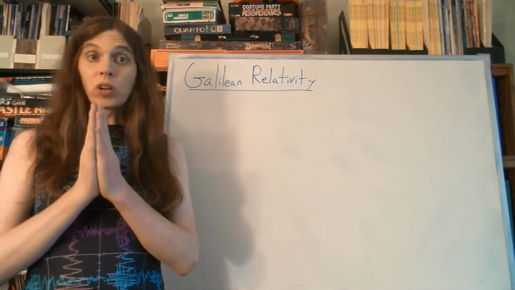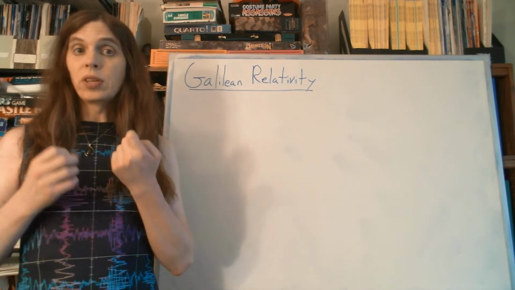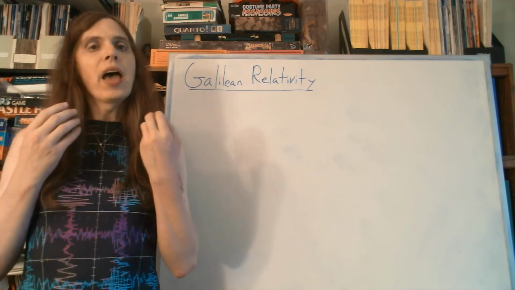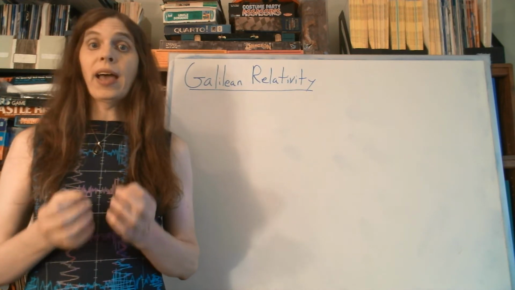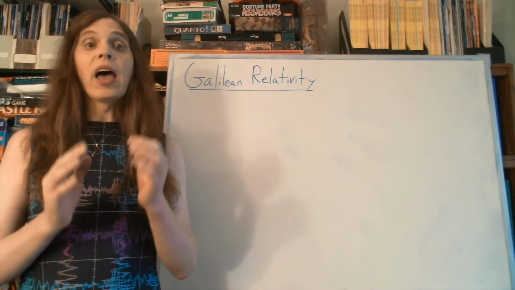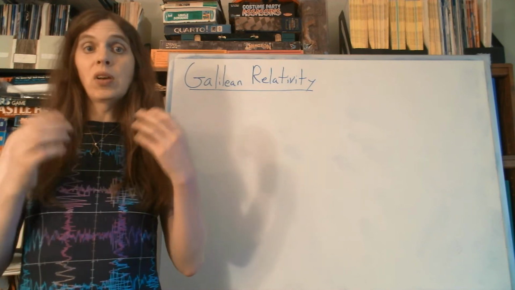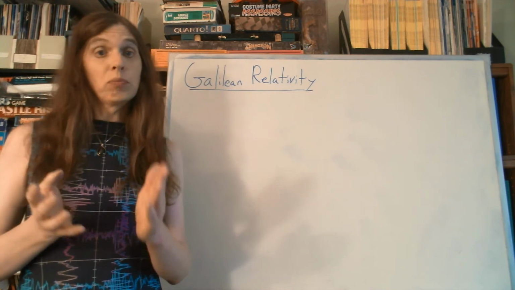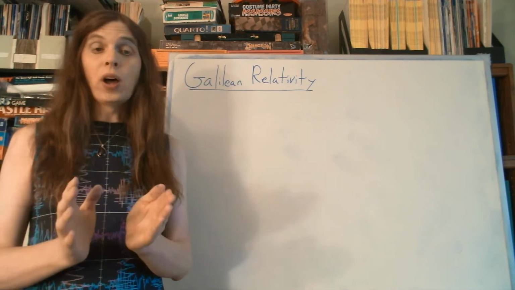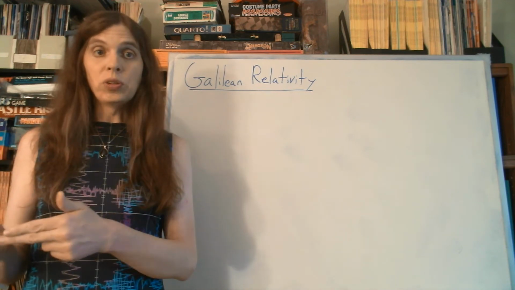Okay, welcome back. What we're going to talk about now and work with is Galilean relativity. This is what we get when we take a look at your frame of reference, and how the same effects, the same motion, appear in one frame of reference, one coordinate frame, compared to another.